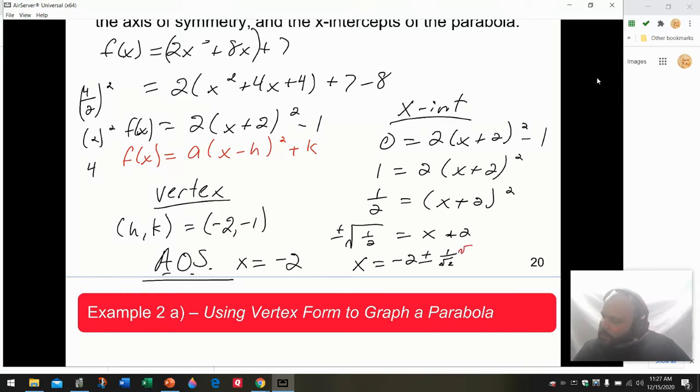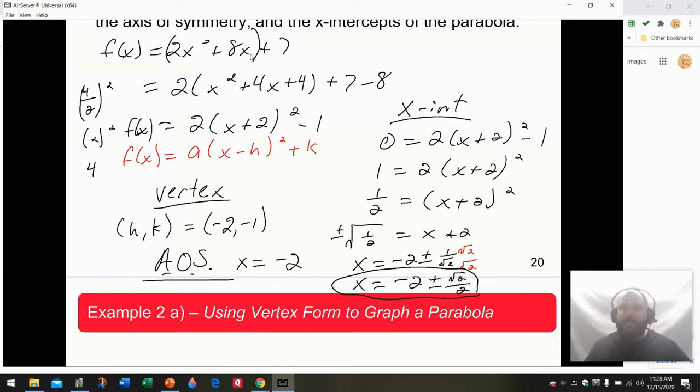And so we're going to multiply this by the square root of 2 over the square root of 2. And when we do that, our very last answer we end up with is x equals -2 plus or minus the square root of 2 over 2. And there are our x-intercepts.